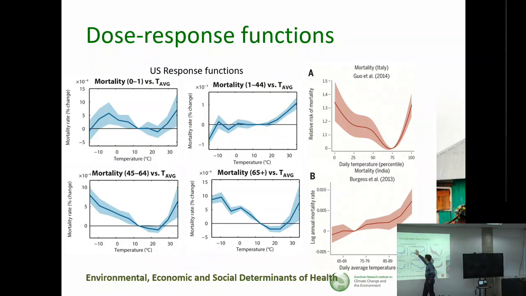This is newborns, people 1 through 44, older, and the oldest age group. So for example, for this oldest age group, the mortality rate relative to a day at 10C is higher for both colder days and for hotter days.